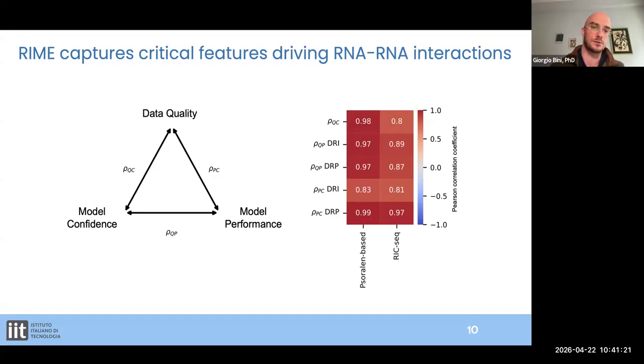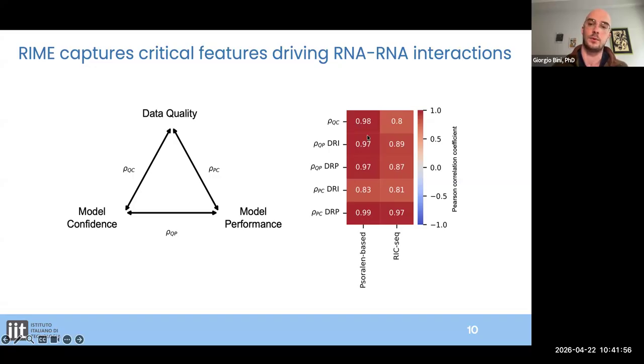And in order to answer this question, we were interested in analyzing the relationship between these three entities. So we have the data quality, which can be evaluated by the number of chimeric reads supporting the detected interaction, and then the model confidence, which can be represented by the RHYME output score, and then the model performance that can be evaluated with, for instance, the ROC AUC.